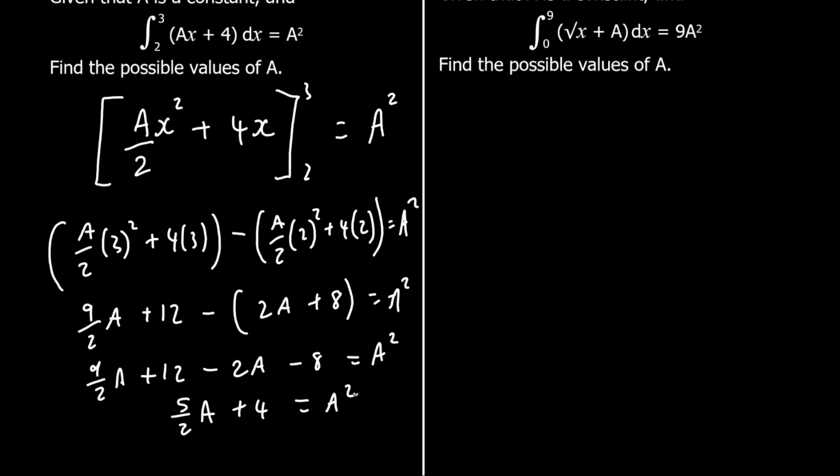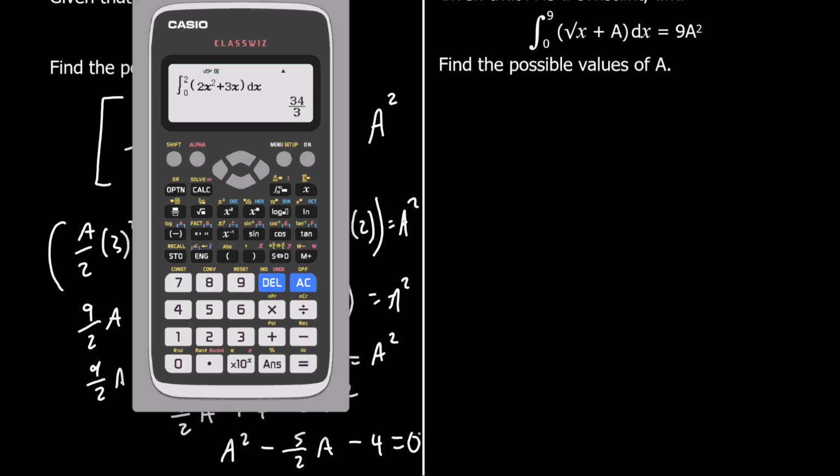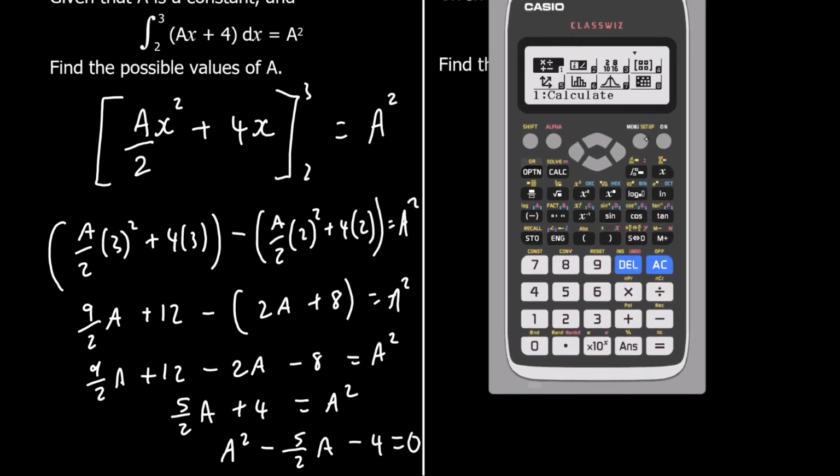So I've got a squared minus 5 over 2 a minus 4, moving everything over to the right side, equals 0. And I'll use the calculator to solve the quadratic.